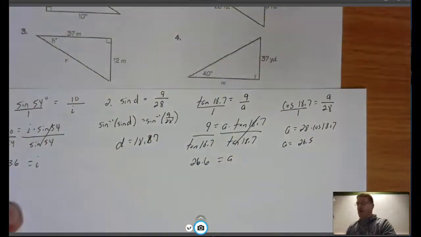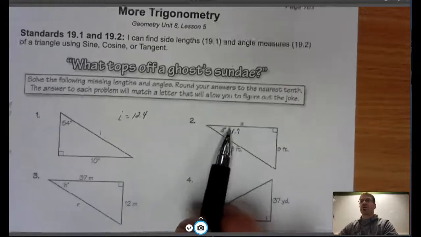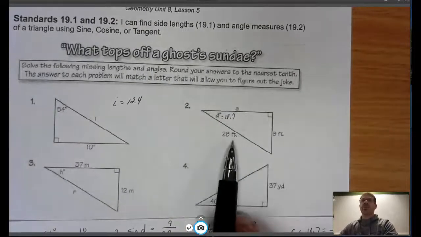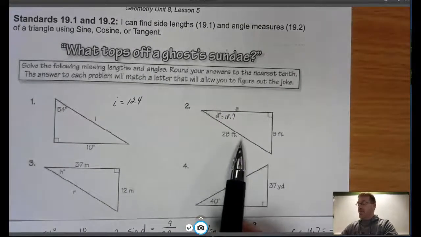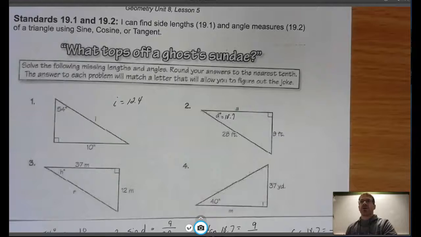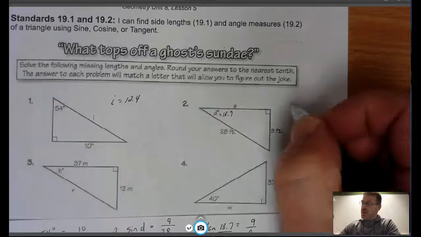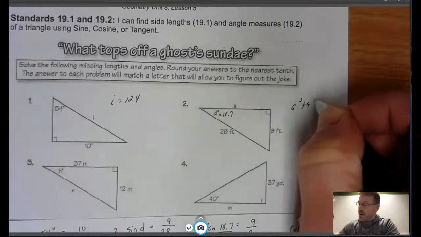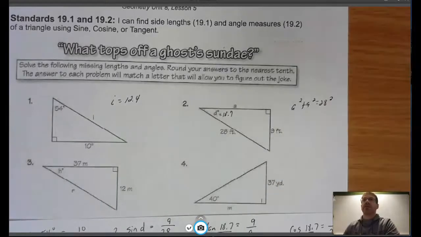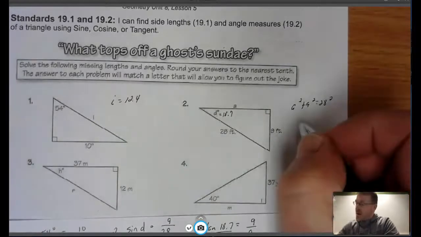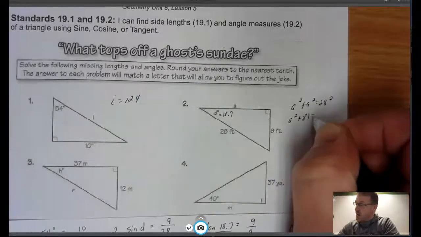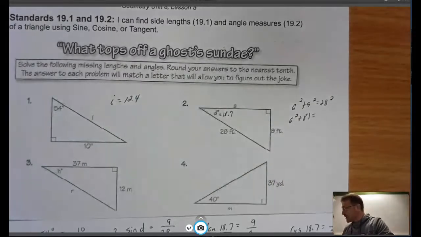Now, the third way that you could have solved for A is to go back to the Pythagorean theorem, because I have two sides in my right triangle. You could have said A squared plus 9 squared equals 28 squared. Then A squared plus 81 equals 784, which is 28 squared.